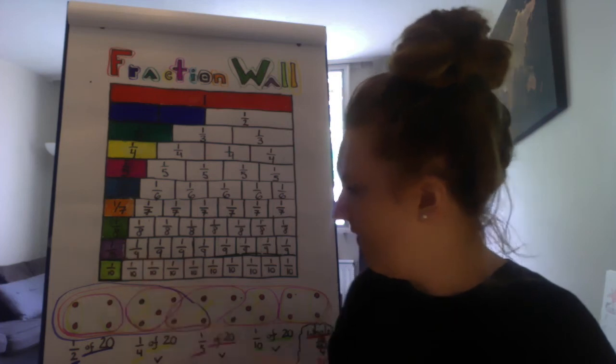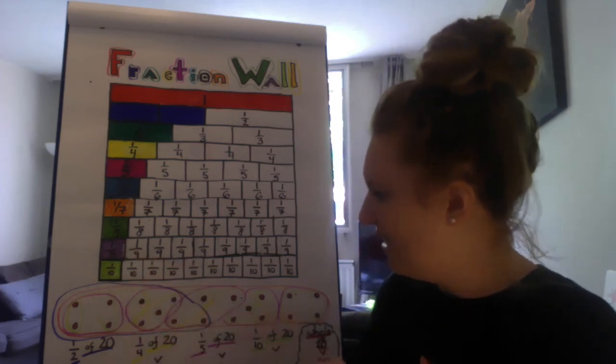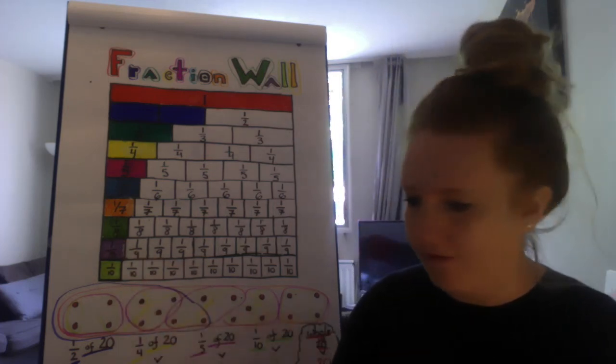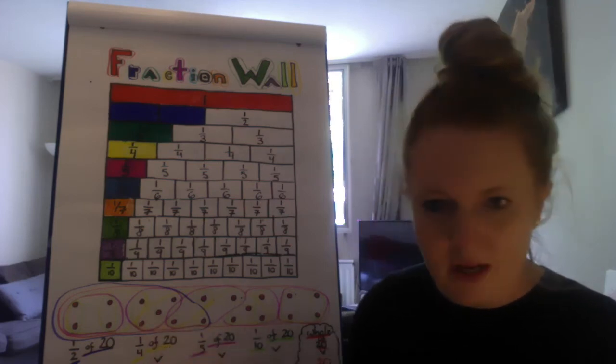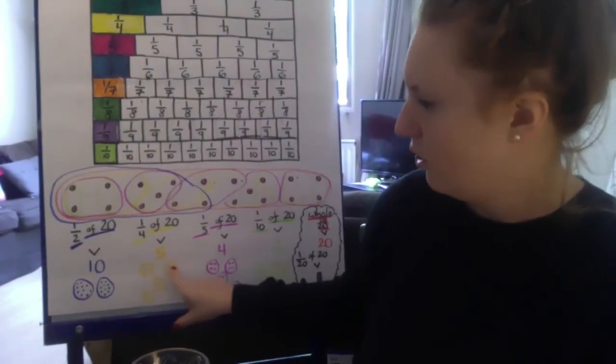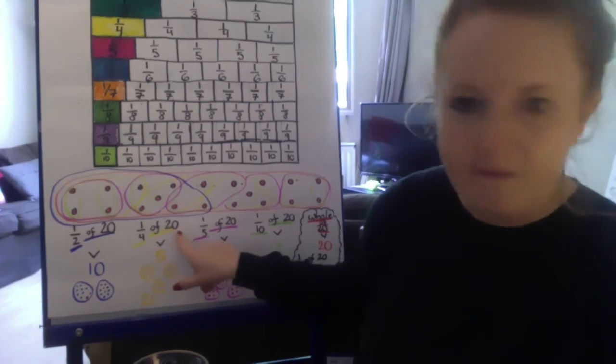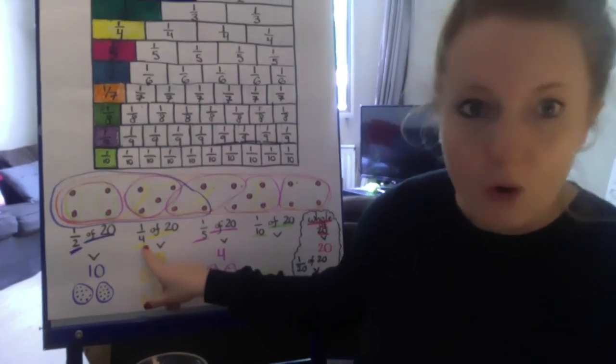So here I have an example. I've actually drawn it out, and you can use the grouping method for this. If I want to find a quarter of 20, what I'm going to do is make 4 groups, 1, 2, 3, 4, because we're dividing 20 into 4 equal groups.